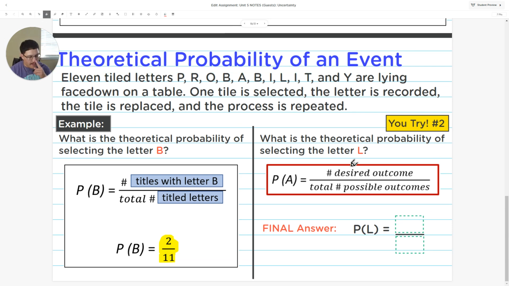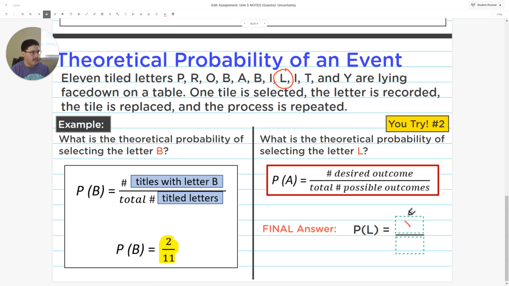So again, step 1. How many desired outcomes do we have? We're choosing the letter L. If we look through, we only have 1 letter L. So there's 1 out of the 11 tiles that we counted: 1, 2, 3, 4, 5, 6, 7, 8, 9, 10, 11. 1 out of 11.